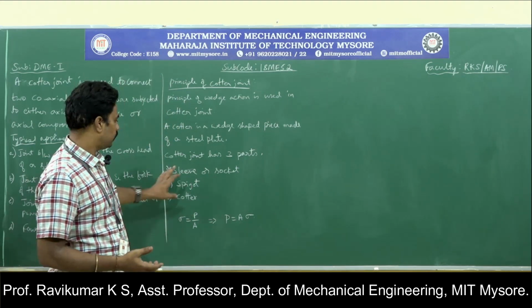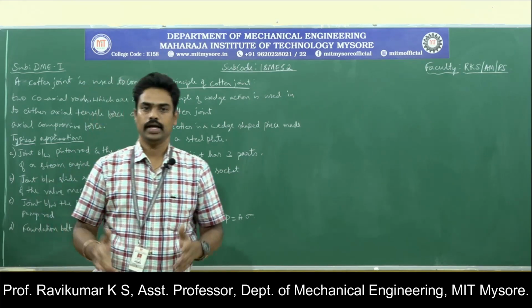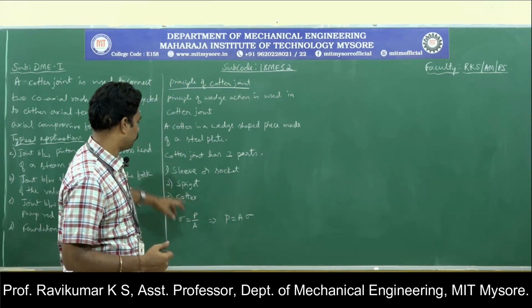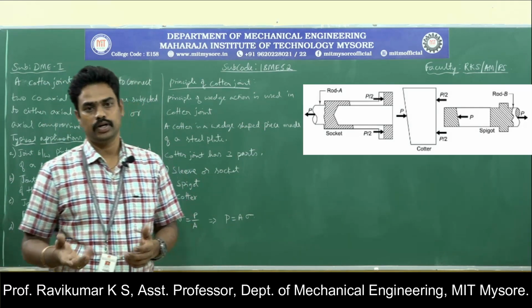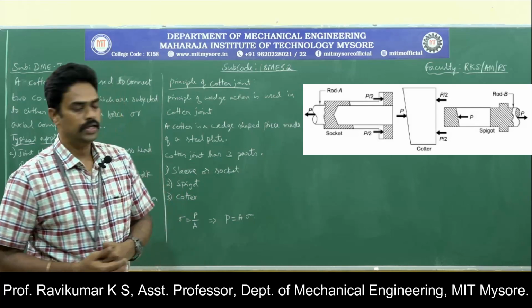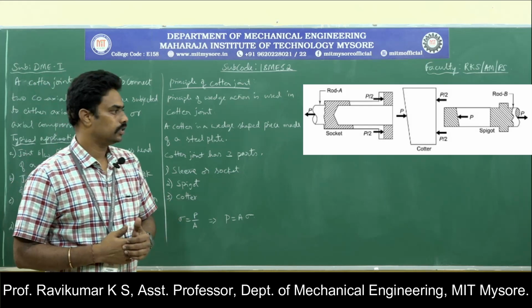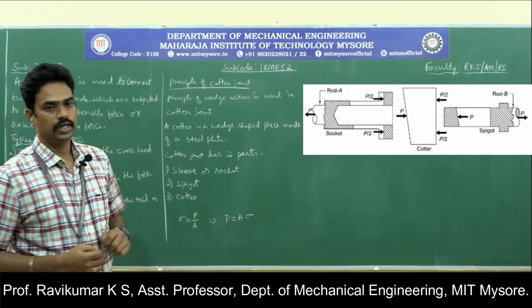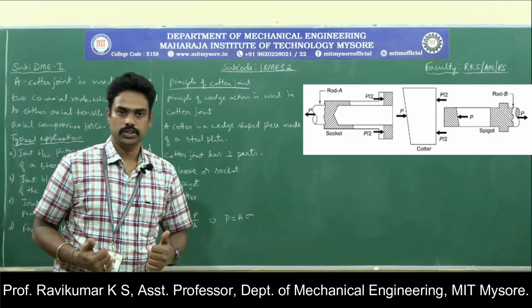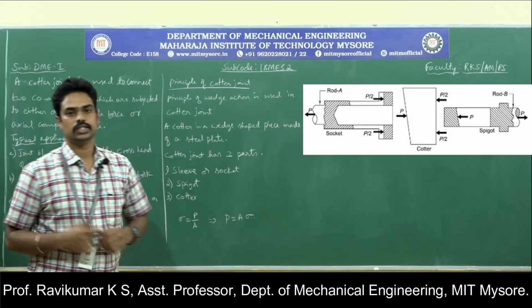For that you need to draw the free body diagram of all these parts. In the figure you can see the free body diagram of the quarter joint assembly. Have a look at the force distribution along the sleeve and spigot as well as the quarter.